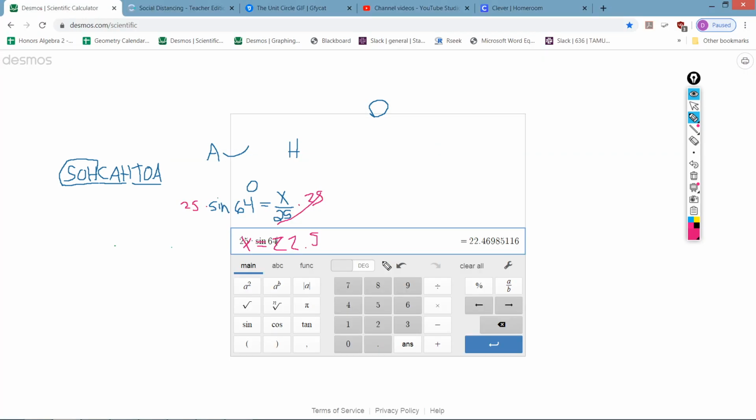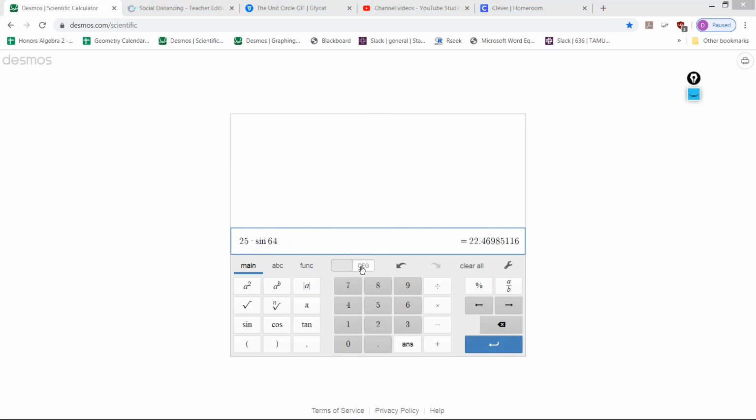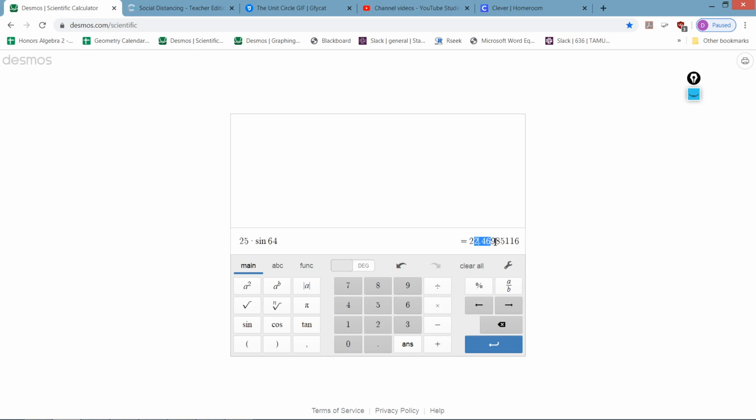The only thing you really have to make sure of when you're doing these problems is this. Do you see this button here that says deg? When I click it, it says rad. Rad, deg. Do you see how this number right here is changing? These are short for radians and degrees, right?